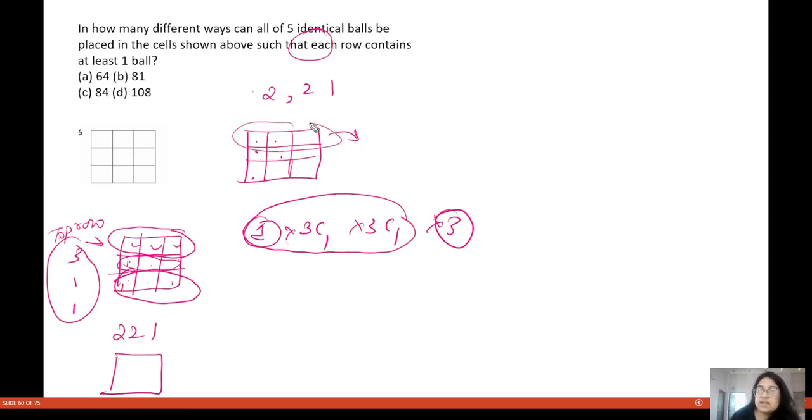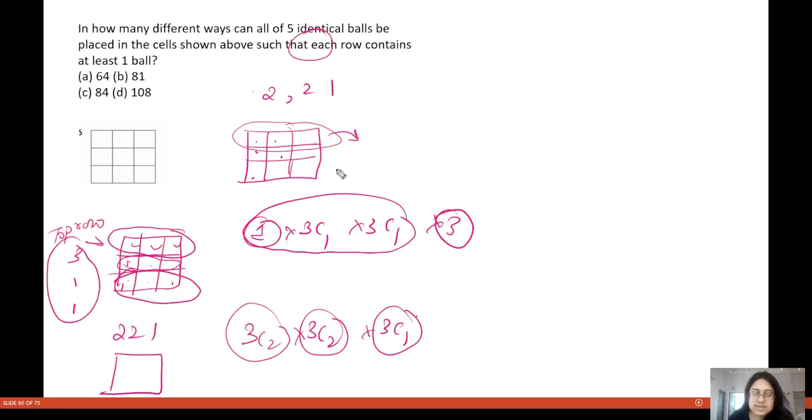You have to select two boxes from these three boxes. That can be done in 3C2 ways. And you have to select from this 3C1 way. Now this one ball can be here, or here, or here.